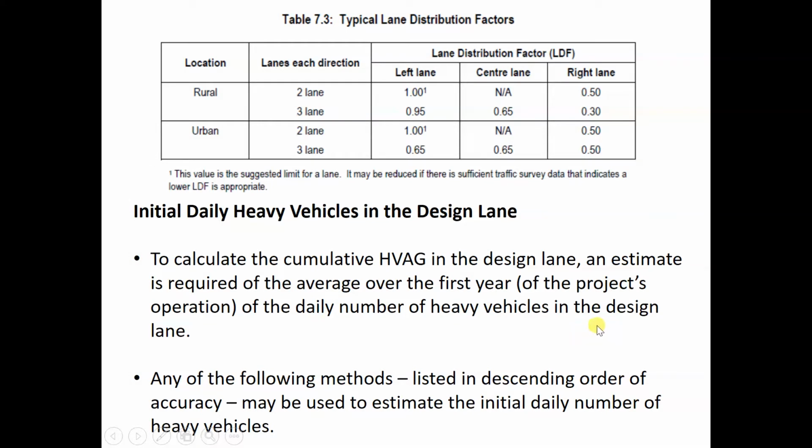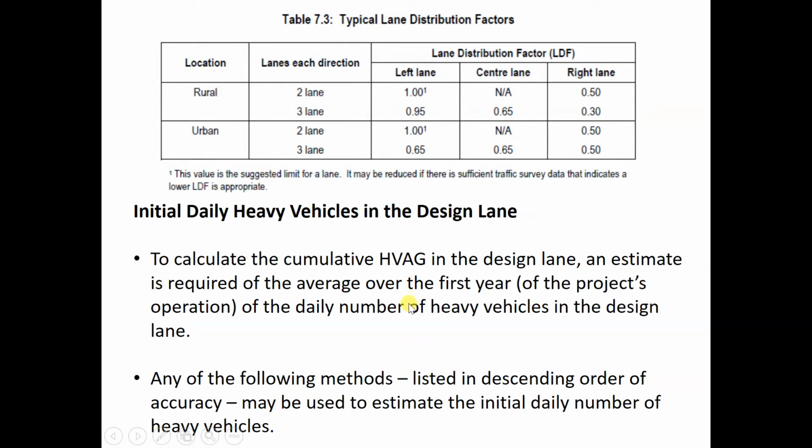So we want to find out, in the first year of the road, let's say you have the data when you design, just the latest data that you obtain, then you can know the number of vehicles in the design lane, the average daily vehicles.